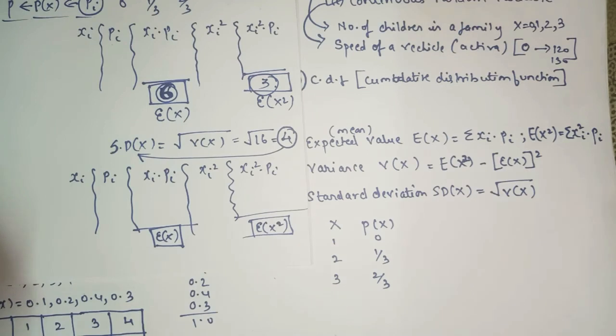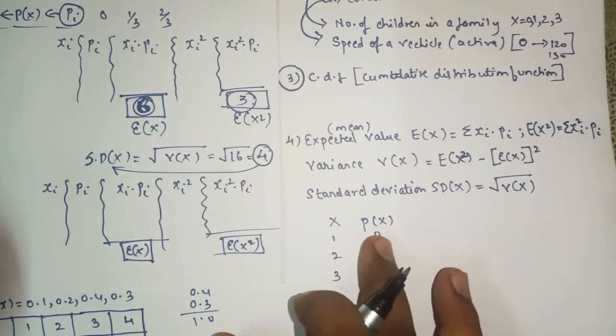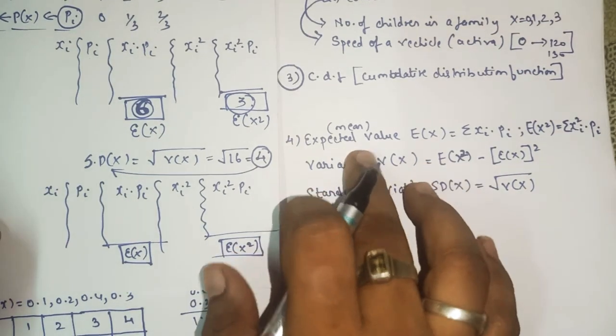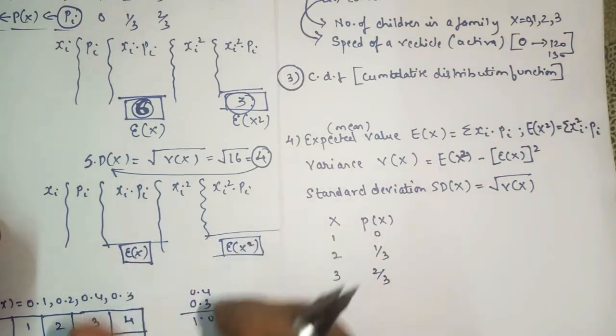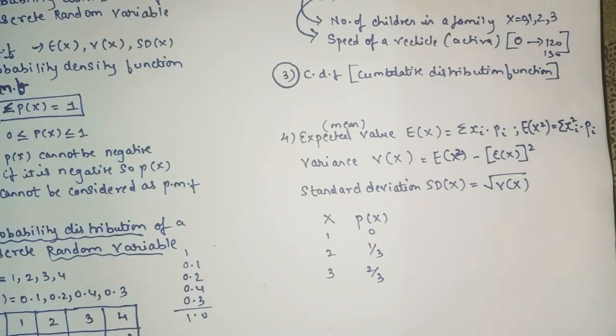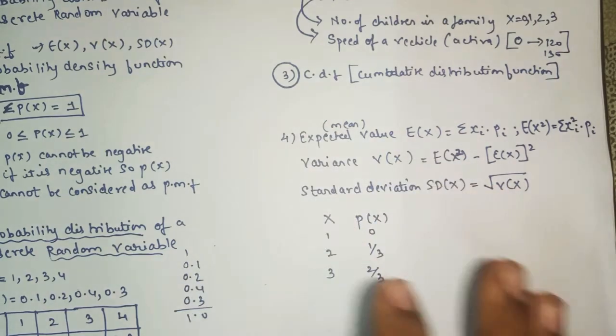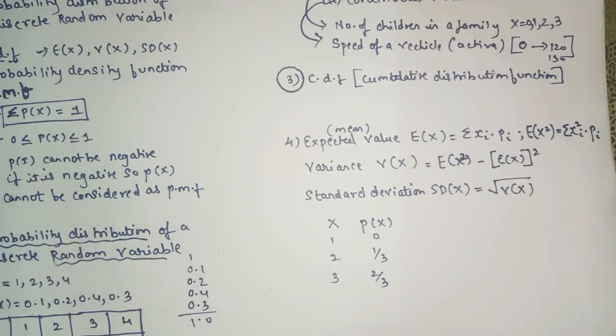So let's take one example based on this, where you have to find expected value, variance and standard deviation. As I told, in the first exercise the majority of the sums are based on point number 4, where you have to find the expected value, variance and the standard deviation. So let's take one example on this.